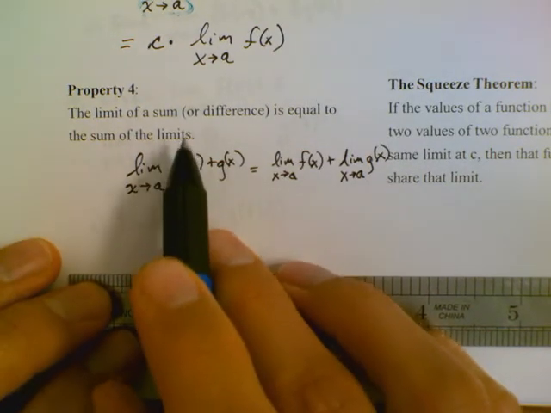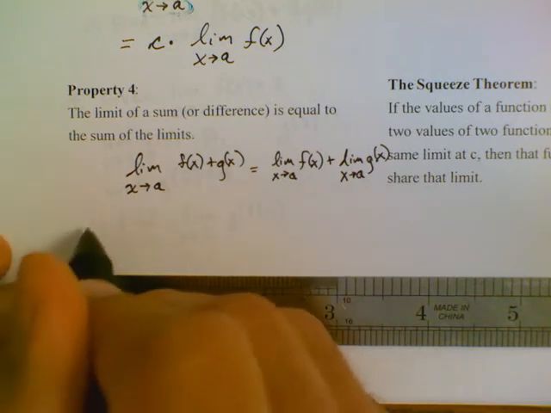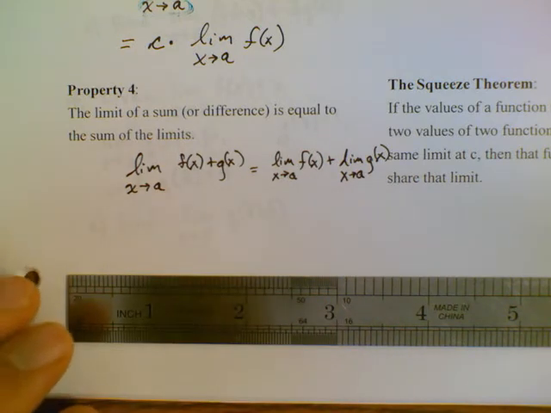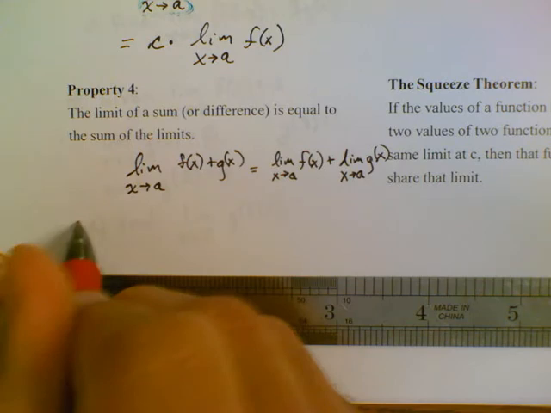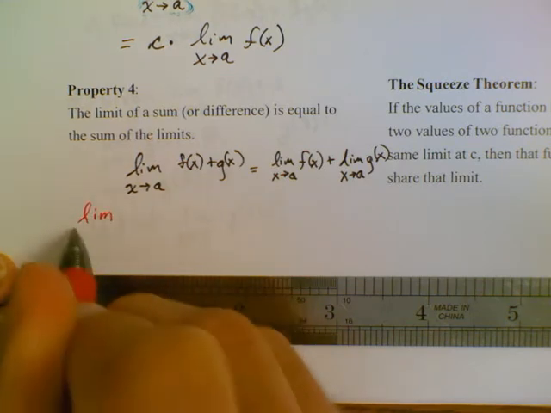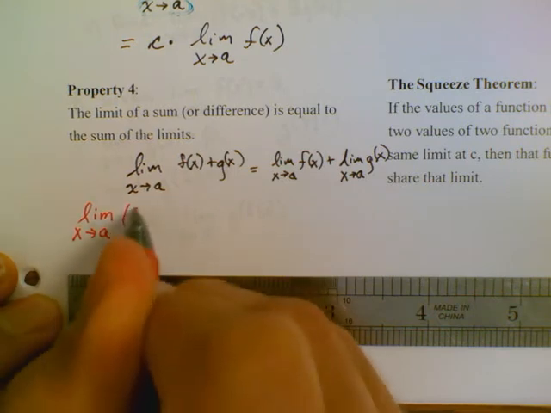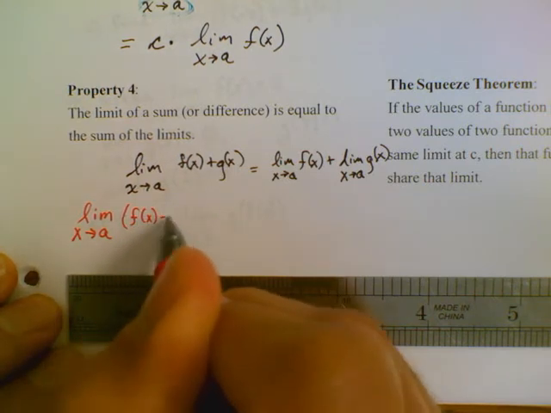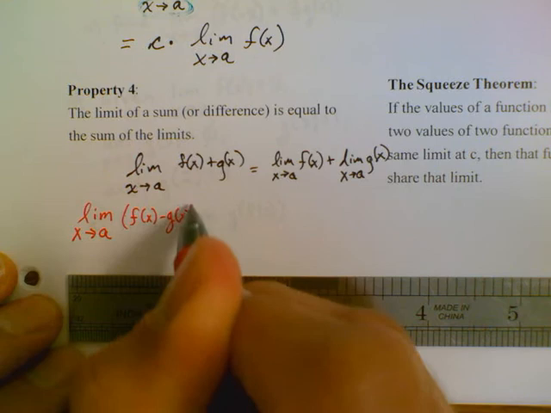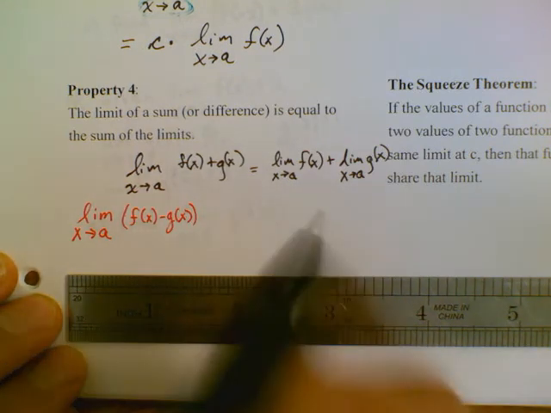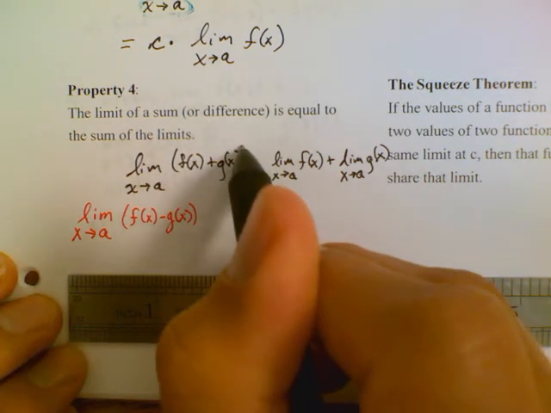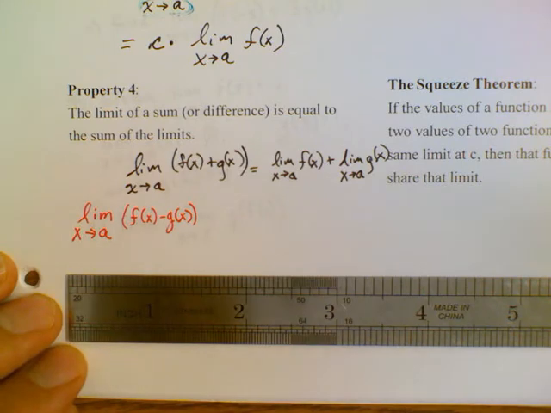And then it says, or you could do this using a difference. So I'm going to put this in a different color. It's not too different of a rule. But the limit as x approaches a of f of x minus g of x. And perhaps that'd be helpful if I had the parentheses there too.